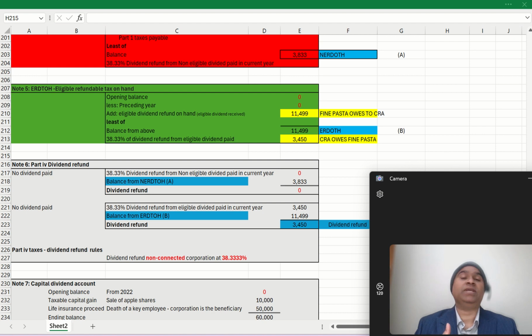Sometimes it gets tedious to calculate this, but it's very simple.